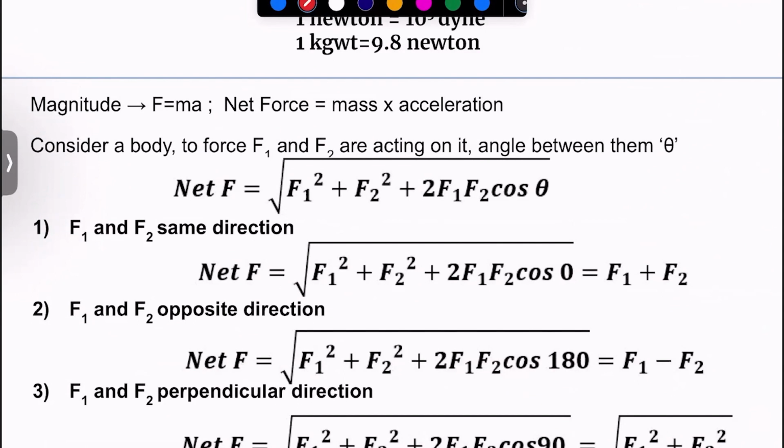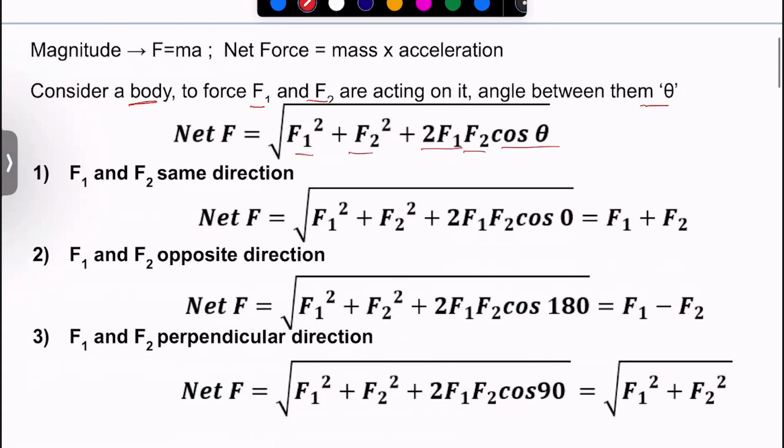So when there are two forces, F1 and F2, acting on a body, and the angle between them is theta, then we can find the net force as root of F1 square plus F2 square plus 2F1F2 cos theta. Now there are some variations, many situations, just like I have explained before.